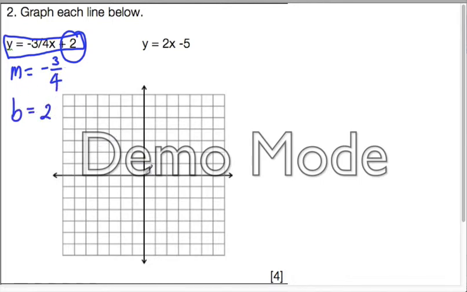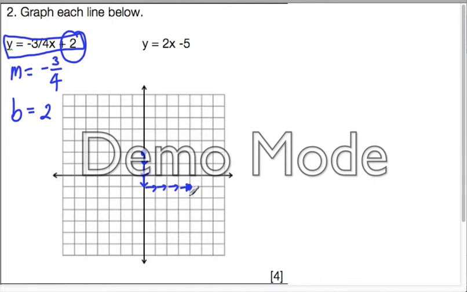So I'm going to go to 2 right there. And since my slope is -3 over 4, I'm going to go down 3 and over 4. 1, 2, 3, and then 4 to the right. That's my next point.